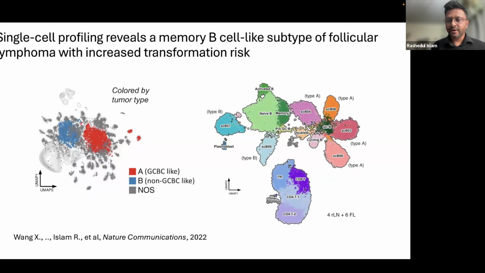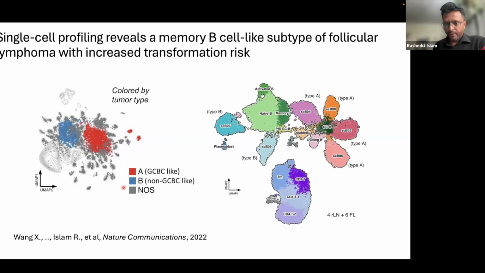They are very similar to germinal center B cells, whereas type B patients are further away from germinal center B cells; rather they are very close to naive and memory B cells. So these results are very similar to the previous analysis. From the cell surface markers, we also see type A is more like GCBC, and type B is more similar to the naive or memory B cells.